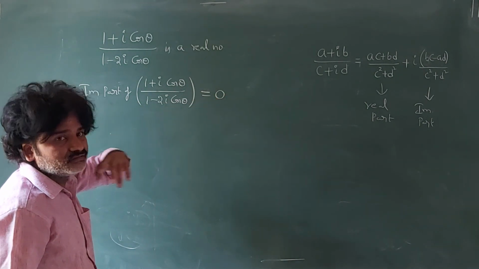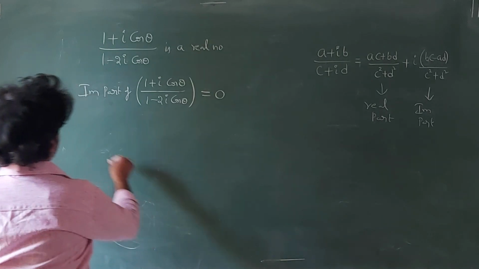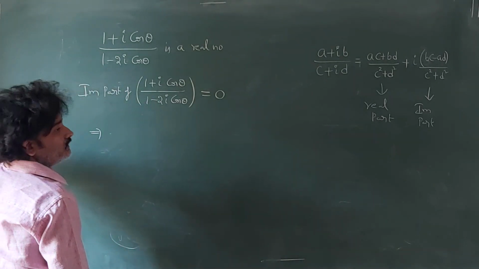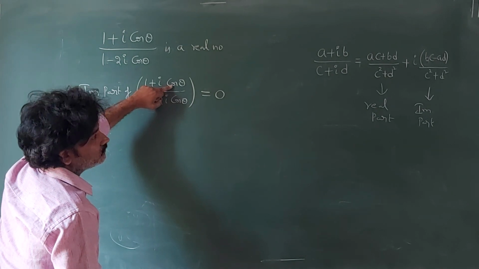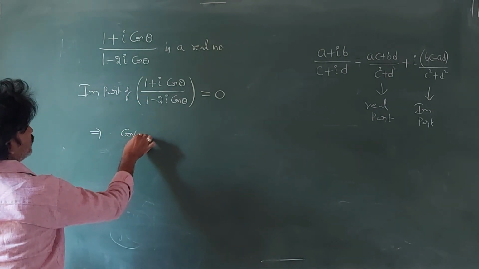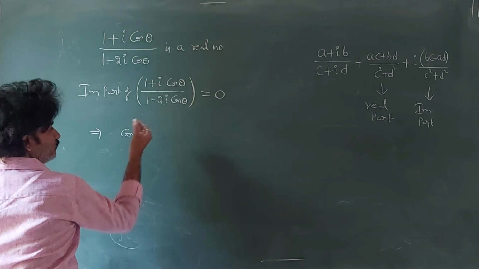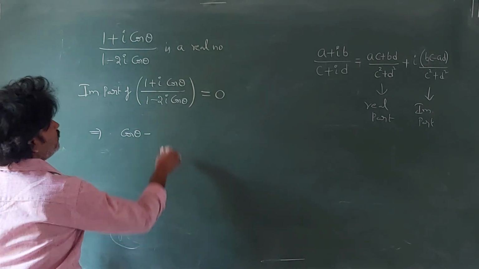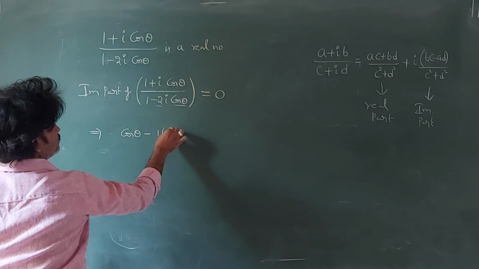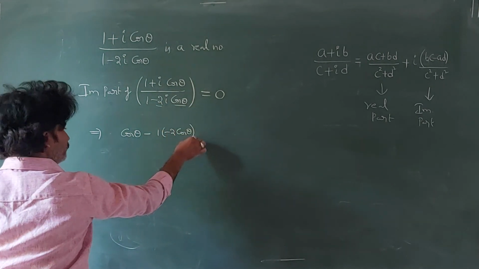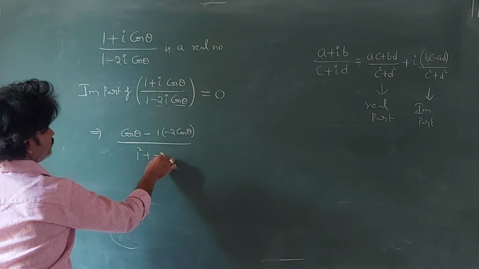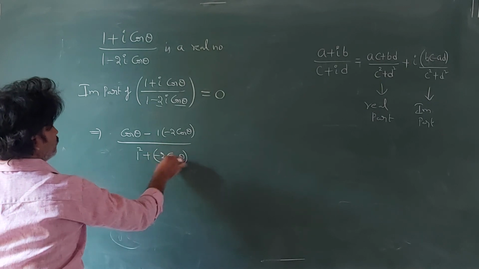Then the imaginary part is bc minus ad. b means cos theta, so cos theta into 1, minus ad: a is 1, d is minus 2 cos theta, by c square plus d square, 1 square plus (minus 2 cos theta) whole square.